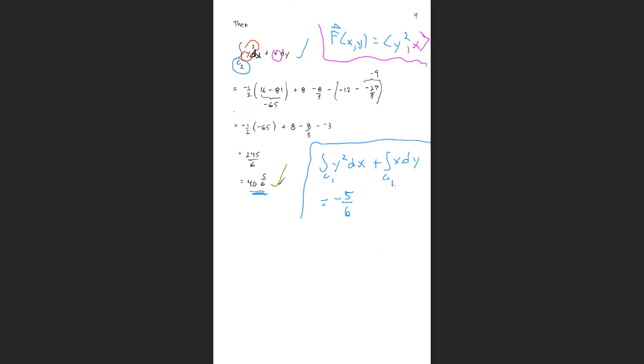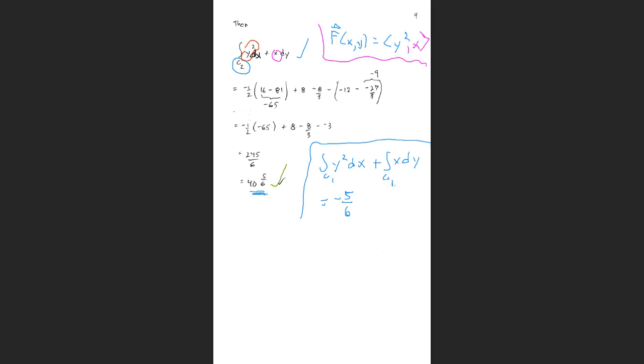So think of the vector field as a force field, and as a particle moves along a space curve from a beginning point to an end point, the force field either helps or hinders the particle from moving from the beginning point to the end point.